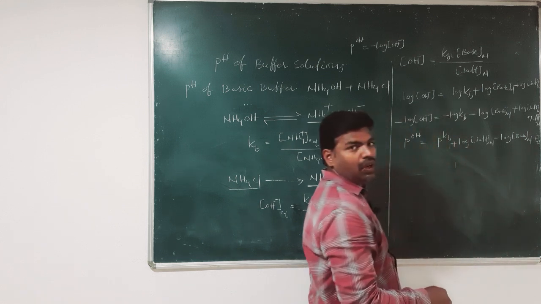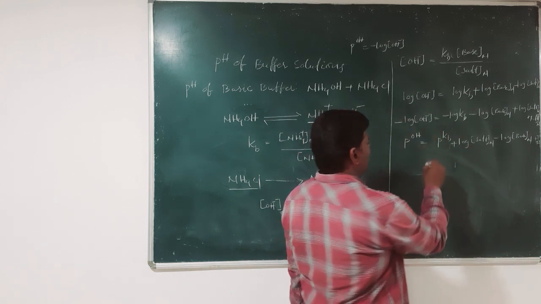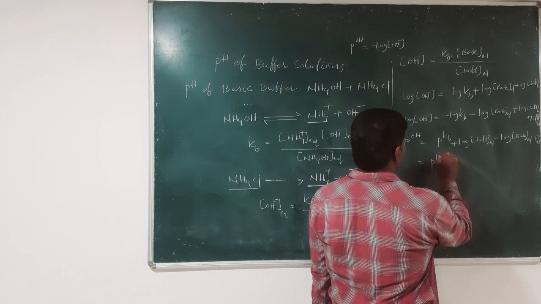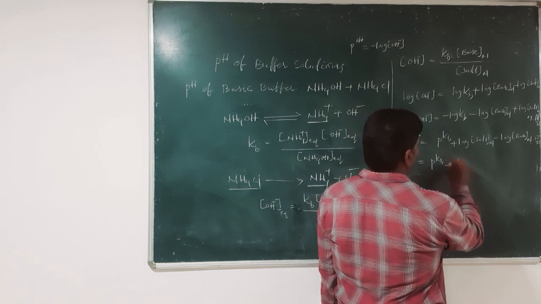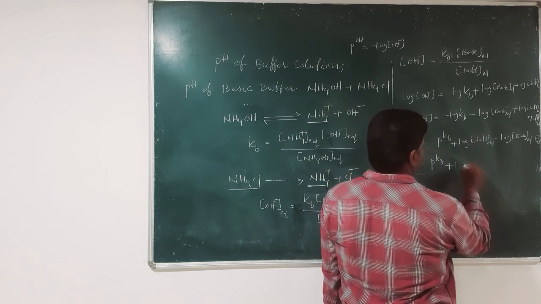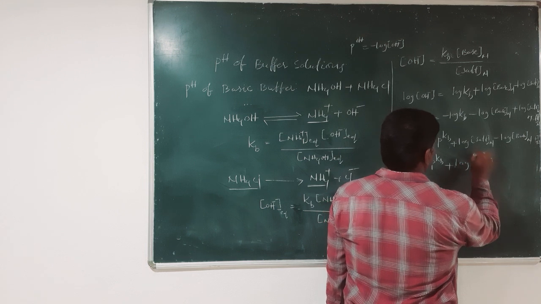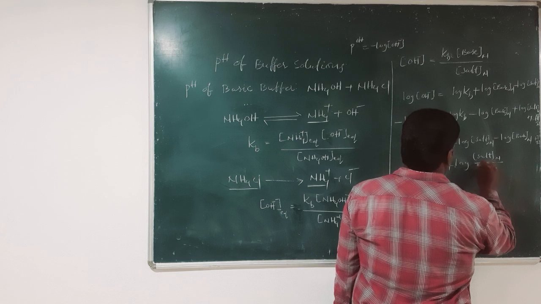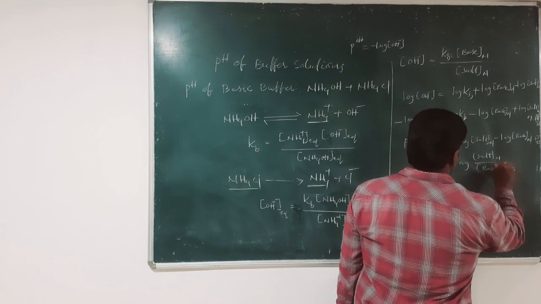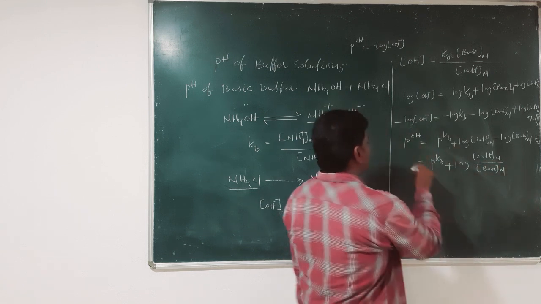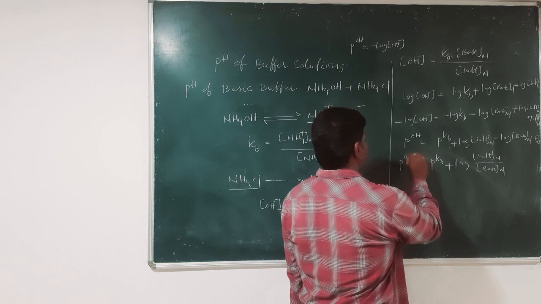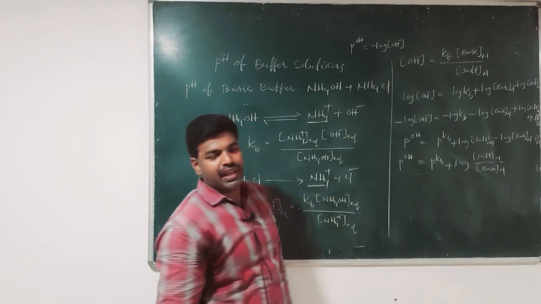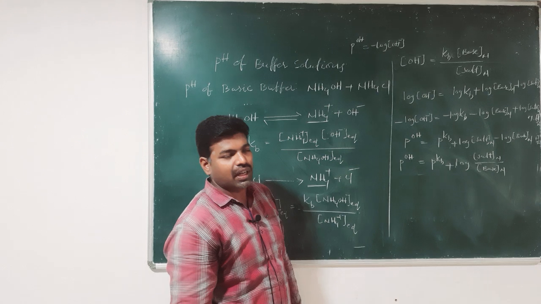Okay, so pOH is equal to pKb plus log concentration of salt by concentration of base. Okay, so this is the pOH.